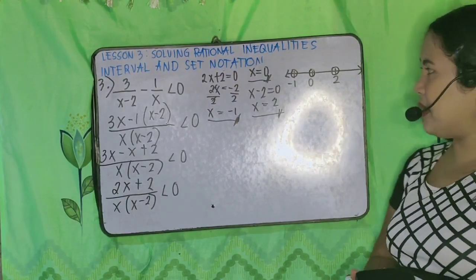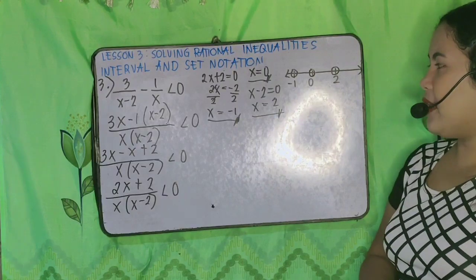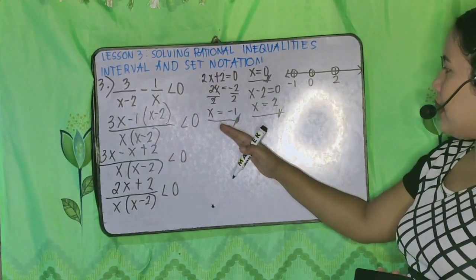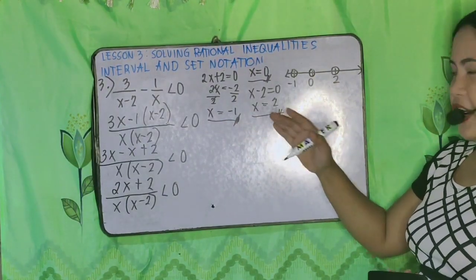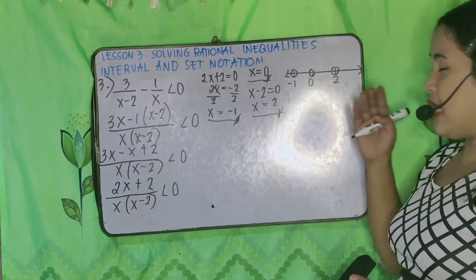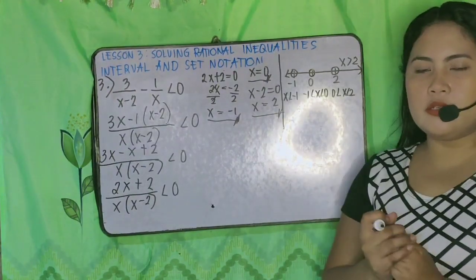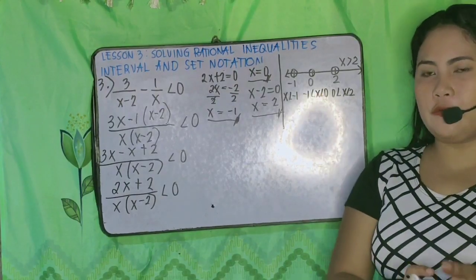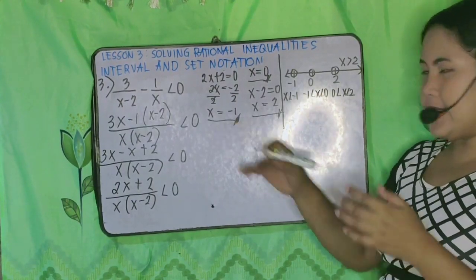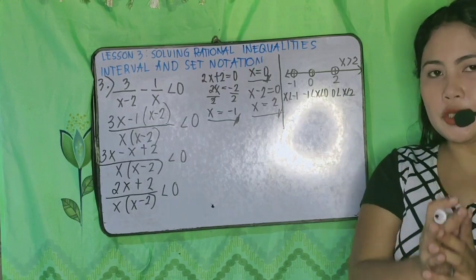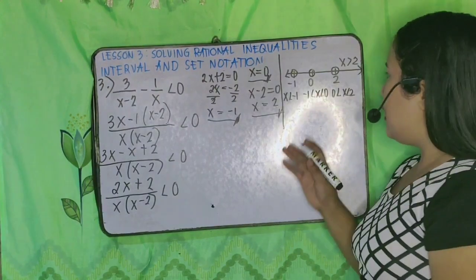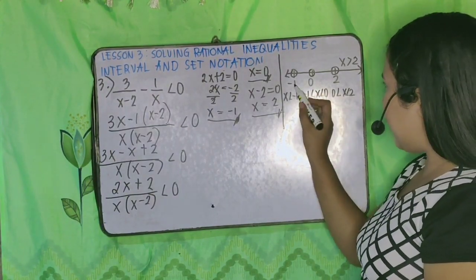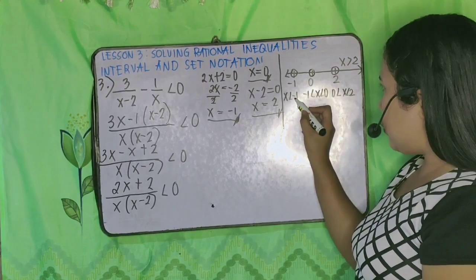So, after malaman kung hollow circle or shaded circle, alamin na po natin kung ano yung mga intervals natin. Since meron tayong 3 value for x, meron po tayo dyan na 4 intervals. Okay, so for our intervals, we have 4 intervals kasi tatlo yung value ng x. So, first interval natin, x is less than negative 1.